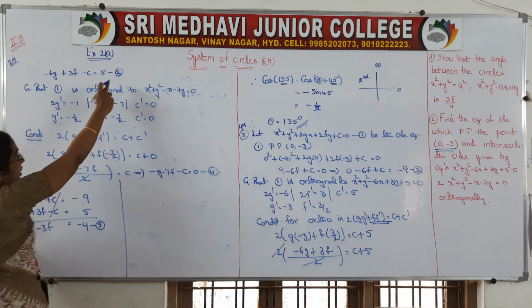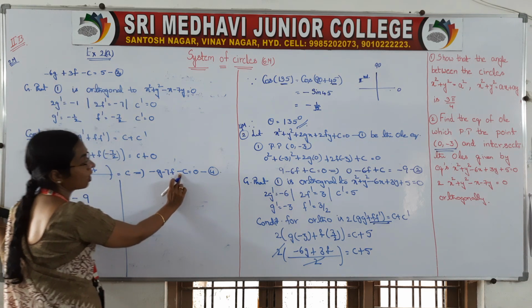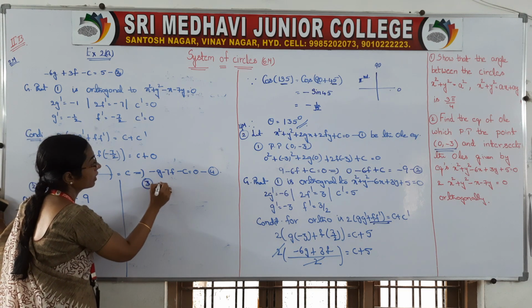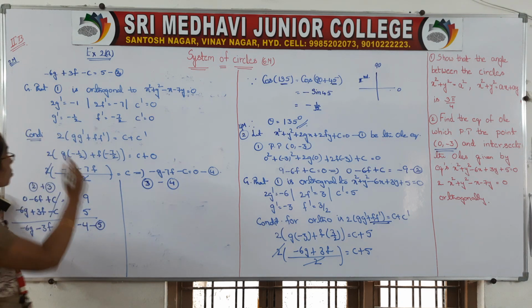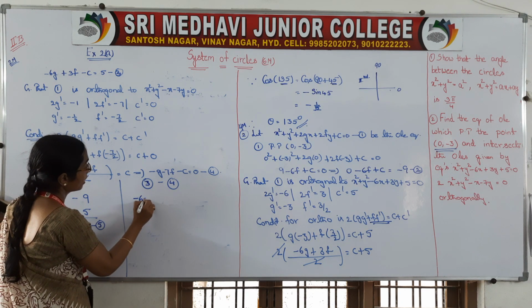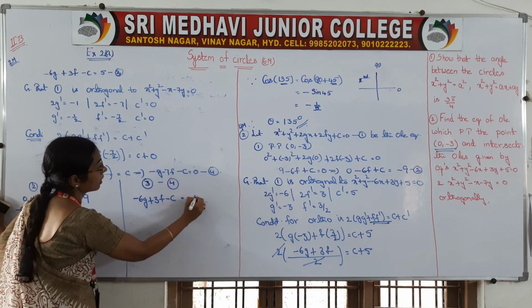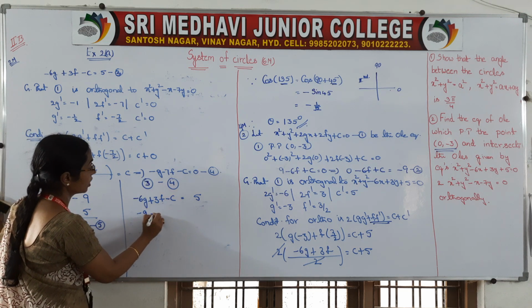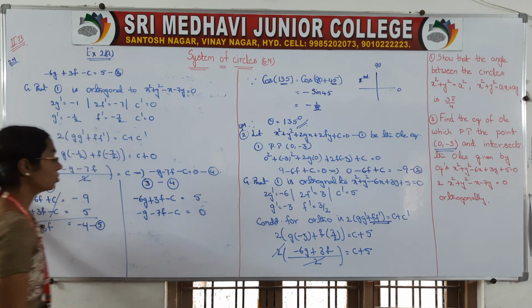Next, you take 3 and 4, right? You observe your third equation, minus c is there, and the fourth equation also has minus c. That's why here we will take 3 minus 4, be careful, right? So your value is minus 6g plus 3f minus c is equal to 5, and this one minus g minus 7f minus c is equal to 0.